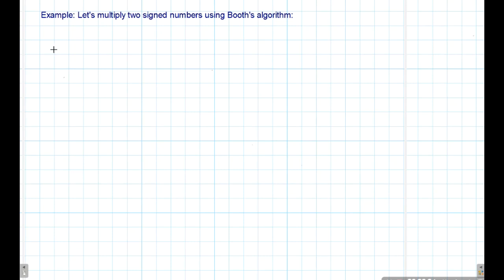So let us consider an example for Booth's algorithm. Assume the multiplicand value to be 0011, which in decimal is equivalent to 3. Since the MSB is 0, it is a positive number. Assume Q to be 1011. Since the MSB is 1, it represents a negative number.